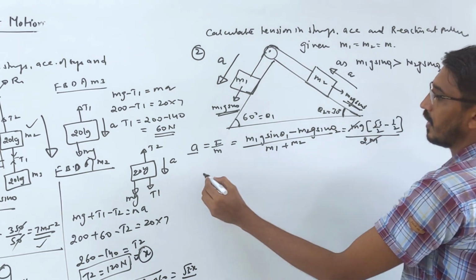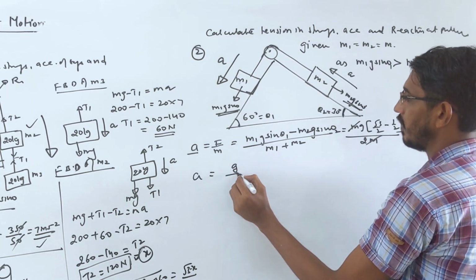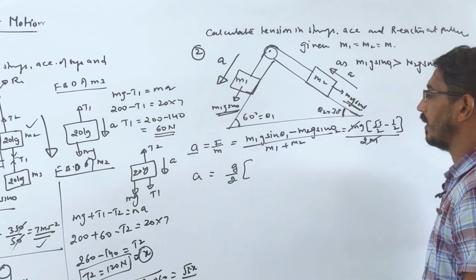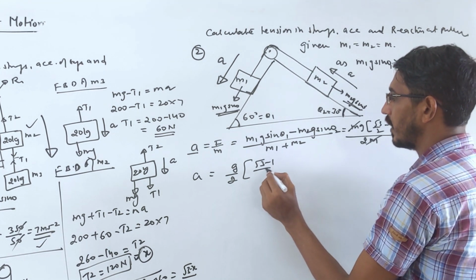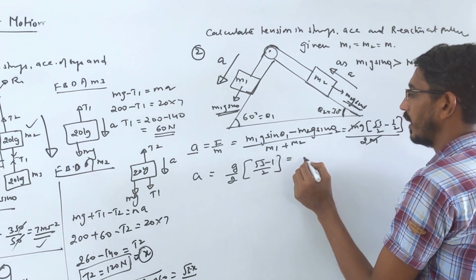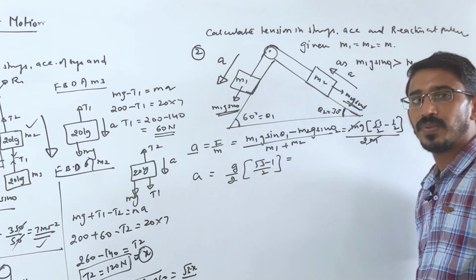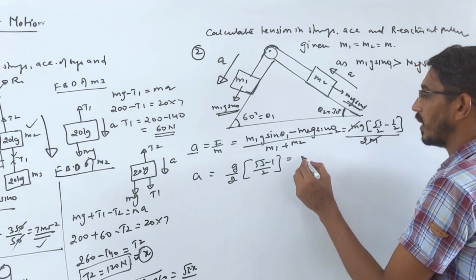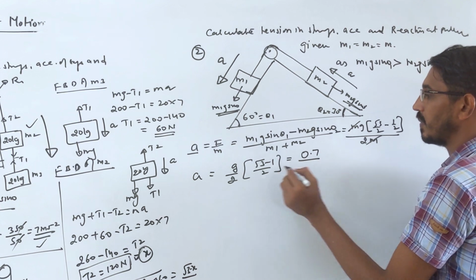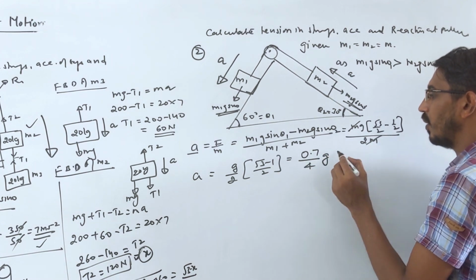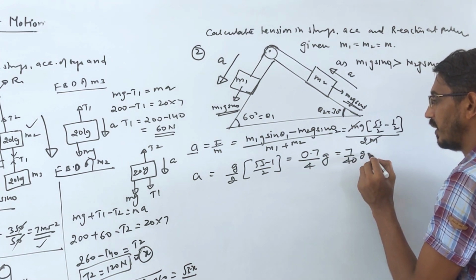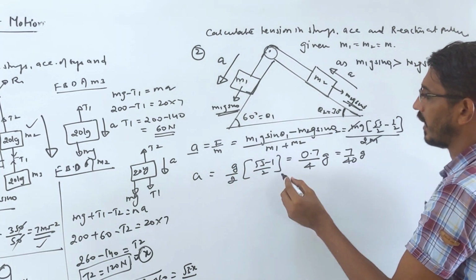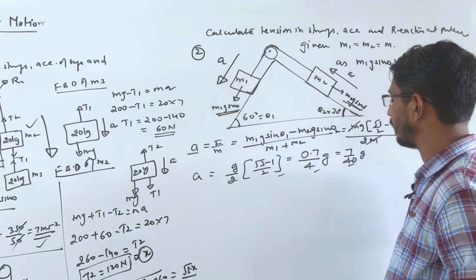So we get g by 2 here, and this becomes root 3 minus 1 by 2. You can write root 3 as 1.7, minus 1 gives 0.7, by 4, so 7 by 40 g, your choice. You can keep it the same like this also, your choice, okay.